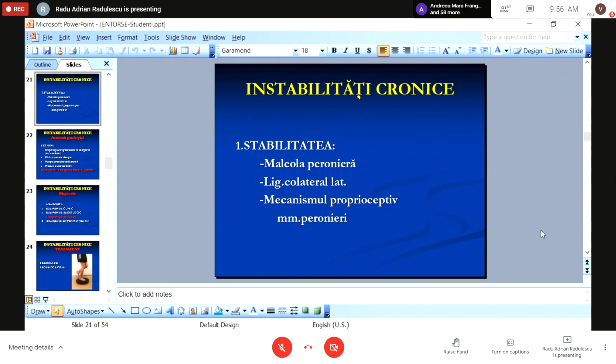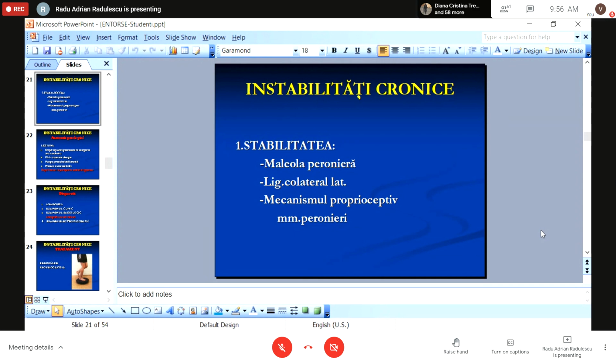So that's why about 50% of these patients with chronic instability on the lateral aspect may heal only by kinetotherapy, the kinetotherapist having the task to re-educate this proprioceptive mechanism by different methods they have, which are specific to kinetotherapy.